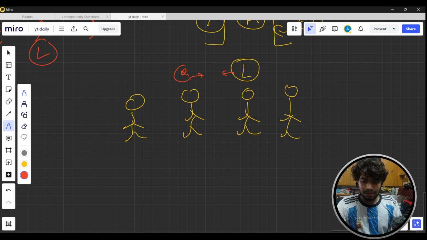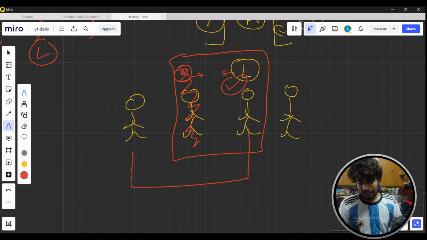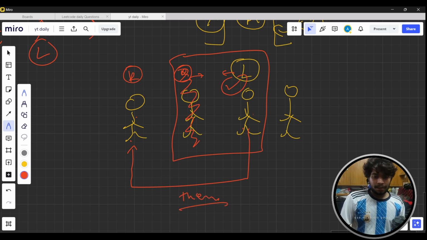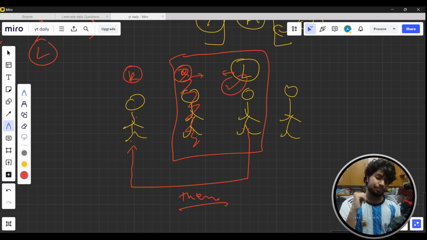These two robots will collide, and if this one robot wins, I can just collide them. It does make sense. So how can I implement that thing?